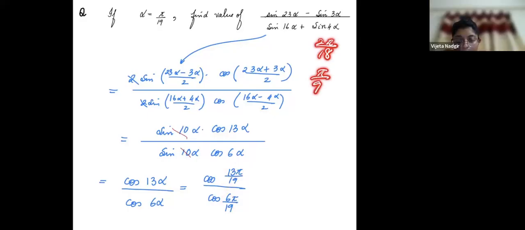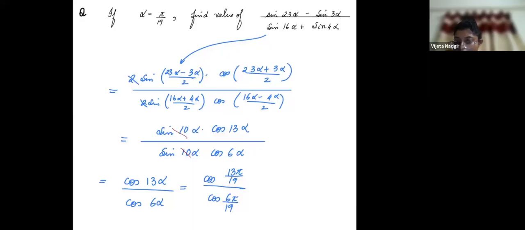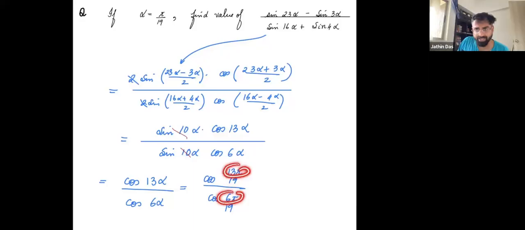If the sum of the numerators is exactly equal to the denominator, then it is a play with pi. If the sum of the numerators is exactly half of the denominator, provided no simplification has happened in between, then you can understand it is a play with pi by 2.